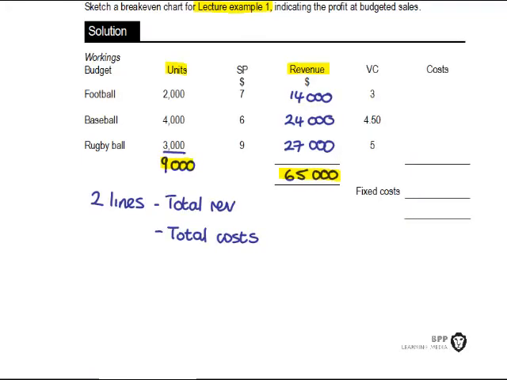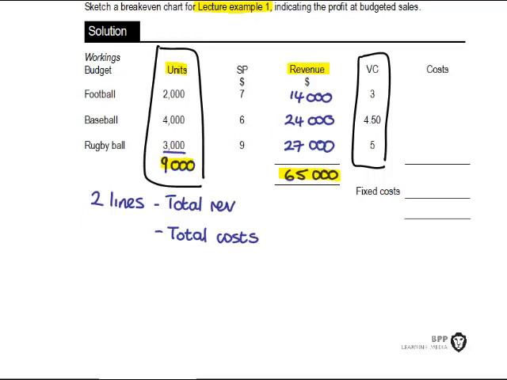Okay, now on to total cost. So let's look at variable cost first. So we need to multiply these variable costs out by the numbers of units. So 2,000 times 3 would be 6,000. 4,000 times 4.50 is 18,000. And 3,000 times 5 will be 15,000.